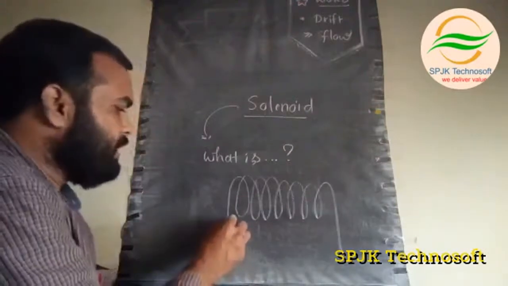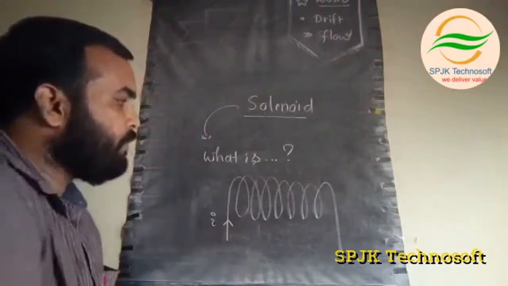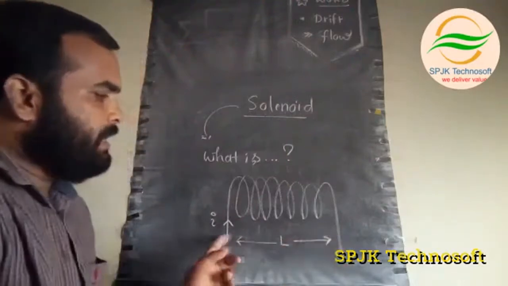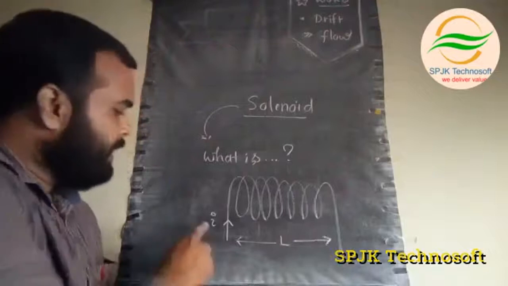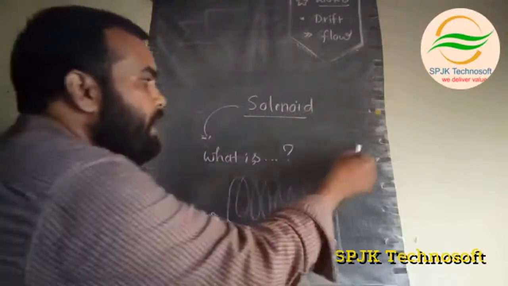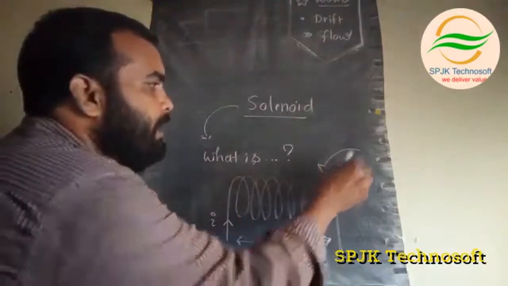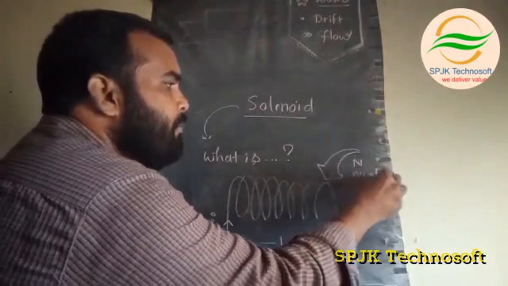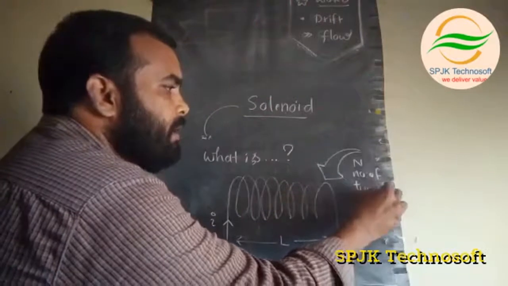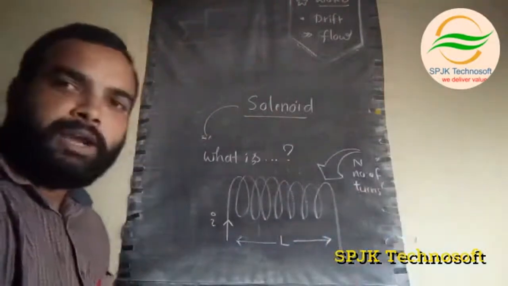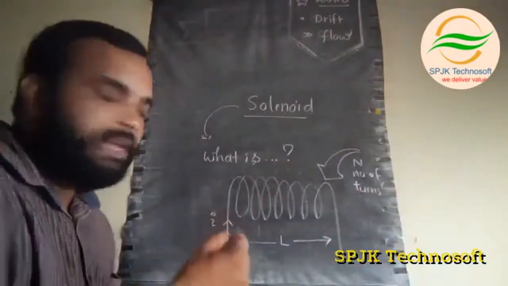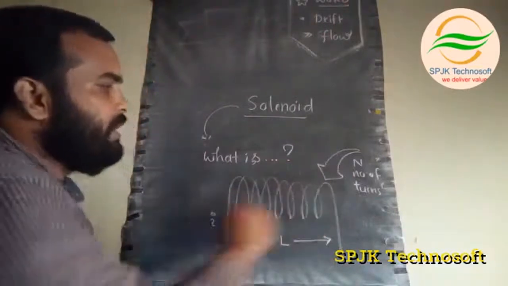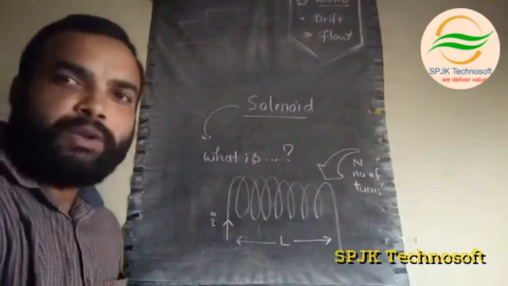Let us consider that current I is flowing, and the length of the solenoid is L. It has capital N number of turns. We can understand that it is a copper wire, a current carrying wire, wound in a circular shape with a circular cross section. This is called a solenoid.